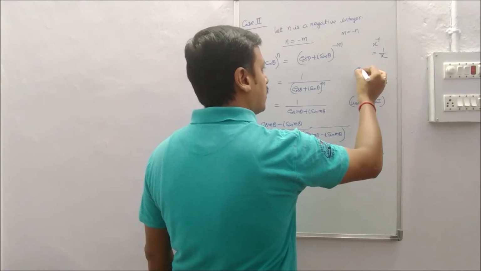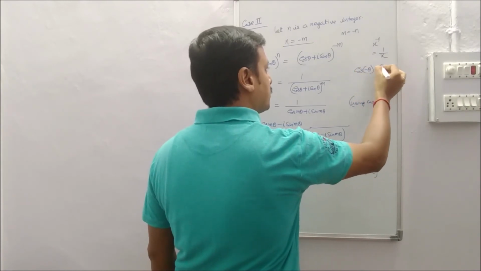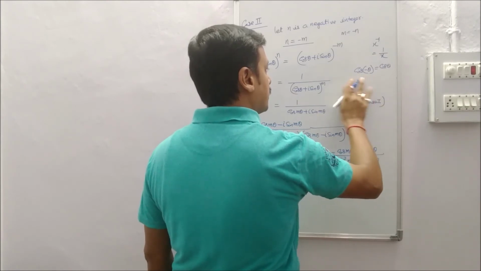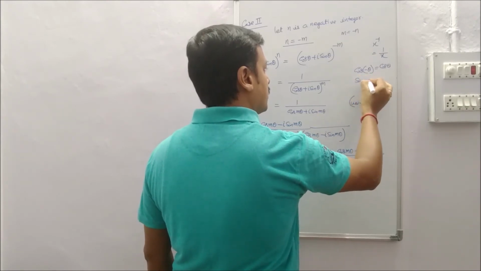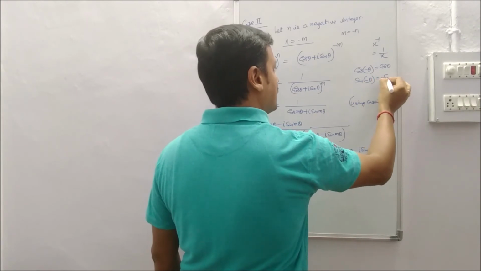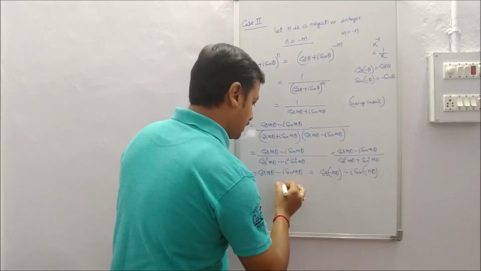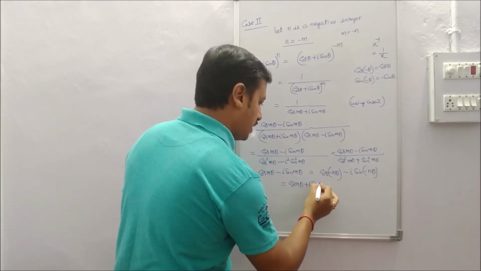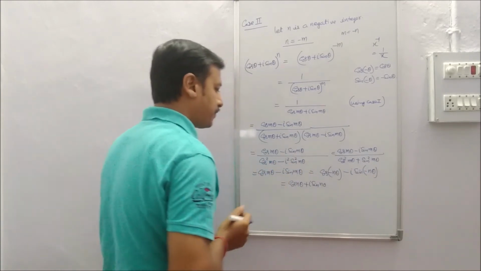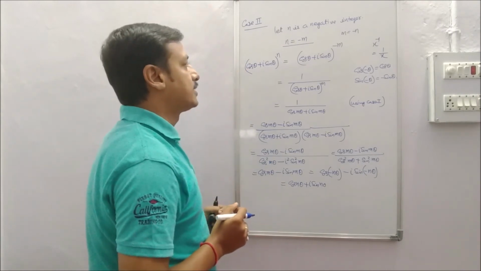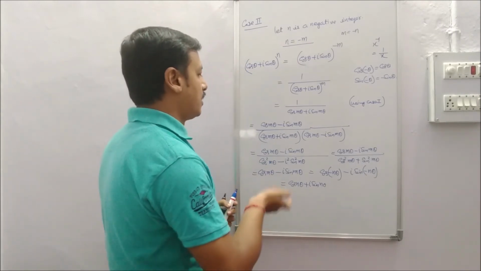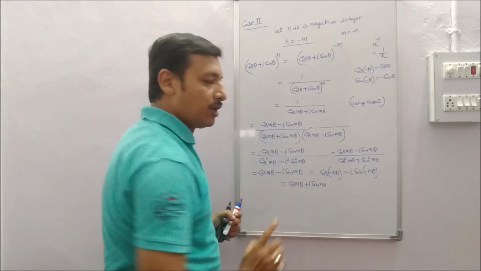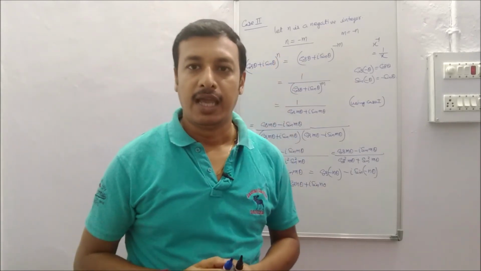As we know that cos of minus theta is equal to cos theta, and sin of minus theta is equal to minus sin theta, so it is cos n theta plus i sin n theta, minus minus plus. So for the second case, if n is a negative integer, also the value of (cos theta plus i sin theta) to the power n is equal to cos n theta plus i sin n theta.